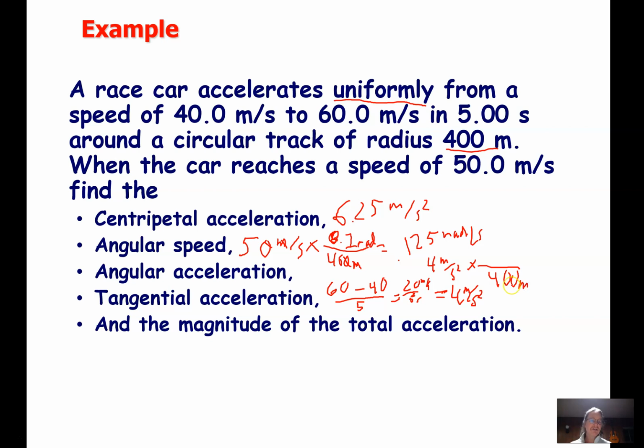And when the car's gone through 400 meters around there, it's gone through 1 radian. And there you go, it's 1/100th or 0.01. Now the meters canceled out, so now I'm in radians per second squared.